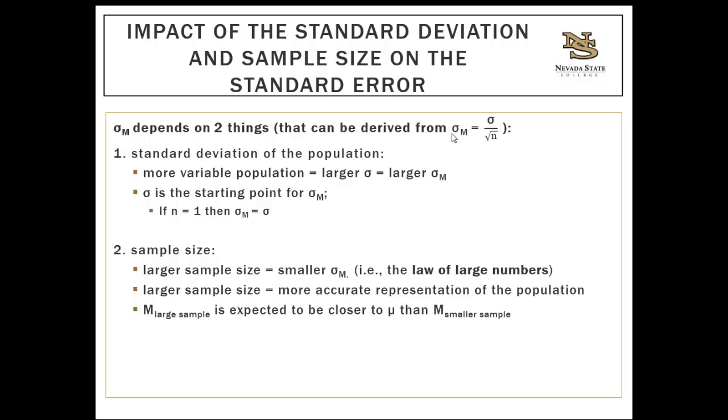Because if you've got people who are all over the place in terms of their score on the dependent variable, then any given sample that you take may or may not include some of those extremes, or maybe you're just going to have a bunch of different people in your sample that look very different, right? Because your population is very different and very diverse. So if that's the case, you're going to expect a larger standard error, and your sample means aren't going to be very close to your population mean in general.